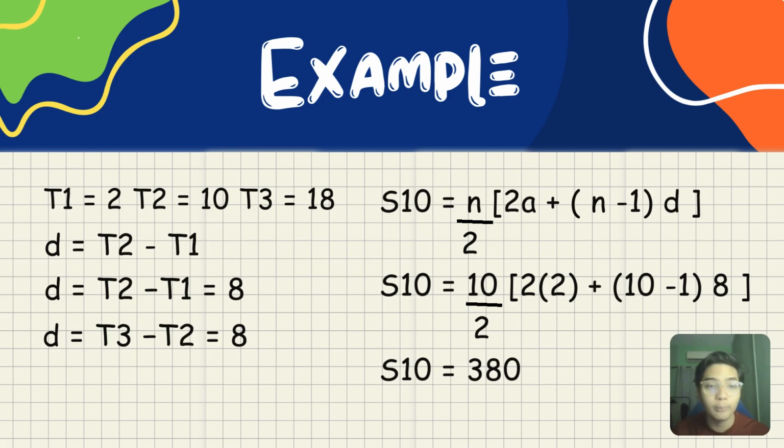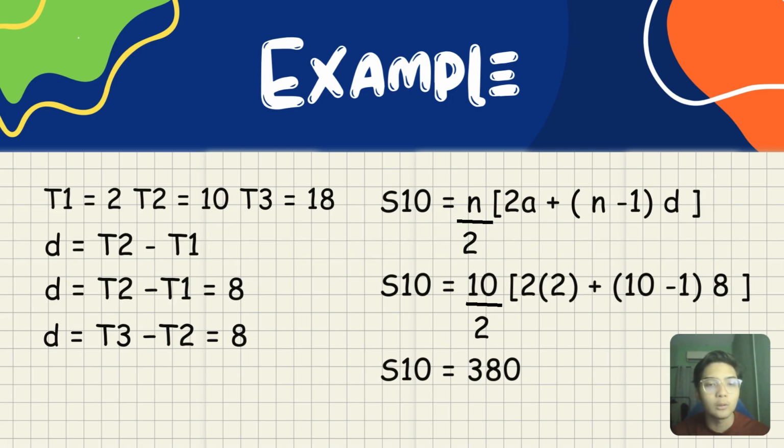Using the same method, the second term minus the first term gives 8. To confirm that 8 is d, the third term minus the second term is also 8. If you get the same answer, that means your d is correct.